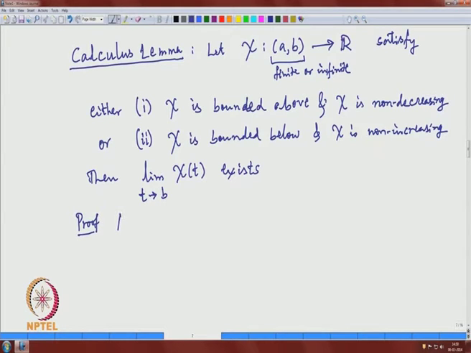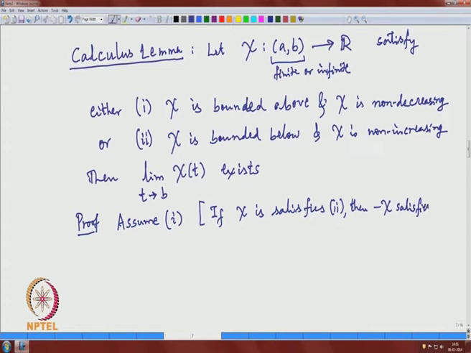So, assume 1. Okay. So, 2 is similar, and in fact, if chi satisfies 2, then minus chi satisfies 1.